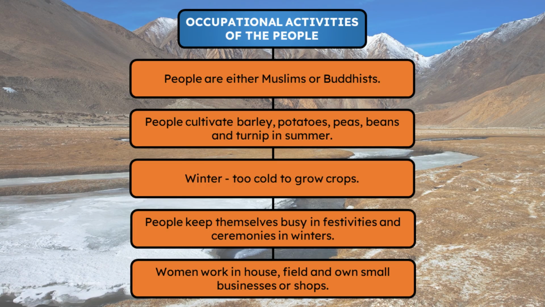We know the temperature, it's minus 40 degrees Celsius, so it is not possible to grow any crops. So mostly during the time of winter, the people will keep themselves busy by involving themselves in festivities and ceremonies. And the women are usually hard workers. They will work in house, field, and they will also own small businesses or shops.